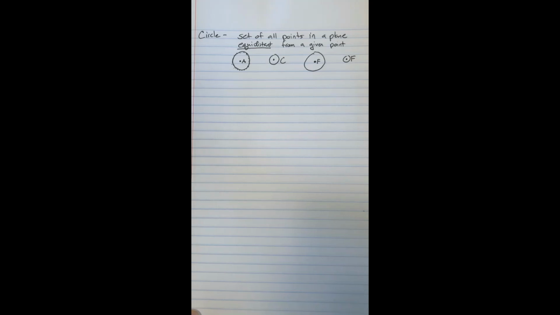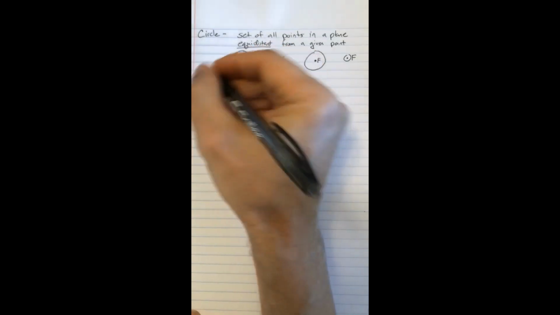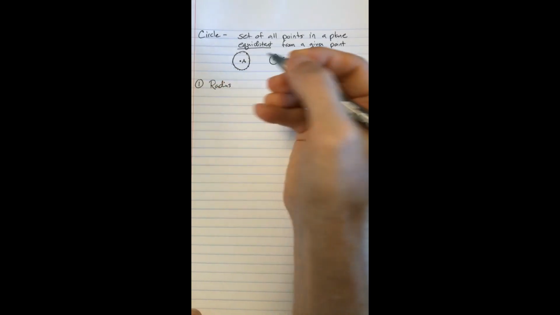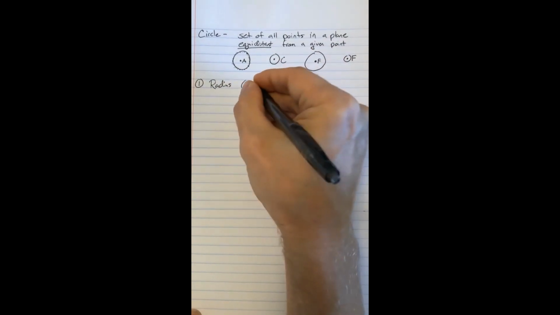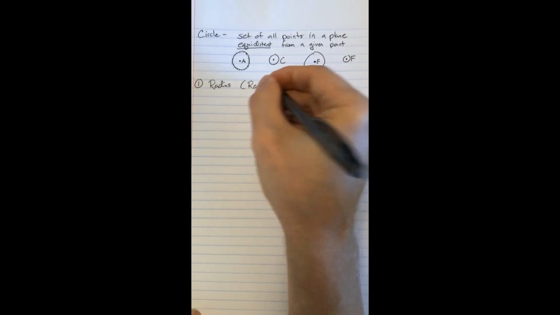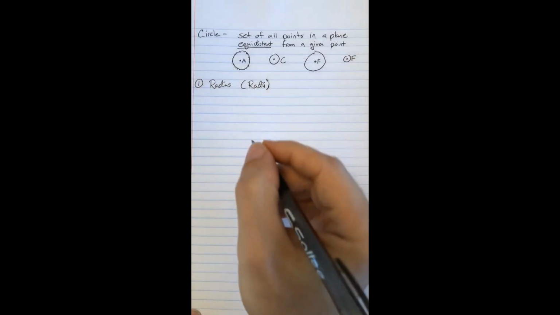Now, there's 3 segments in a circle that are special that we're going to talk about. So the first one we're going to talk about, which you probably remember, is a radius. If you have more than one radius, we call them radii. So 1 radius, 2 radii, 3 radii, and so forth.